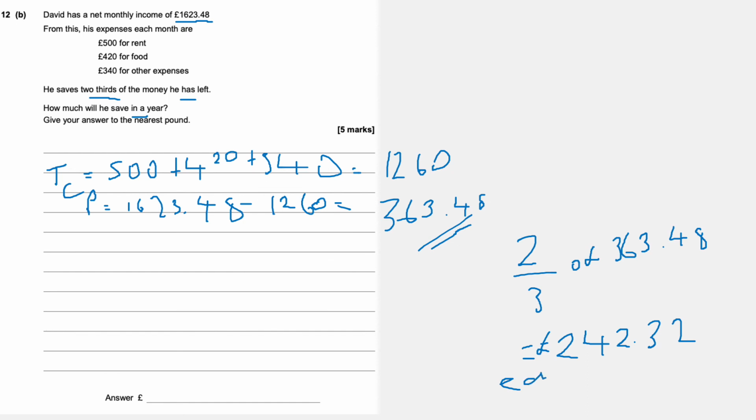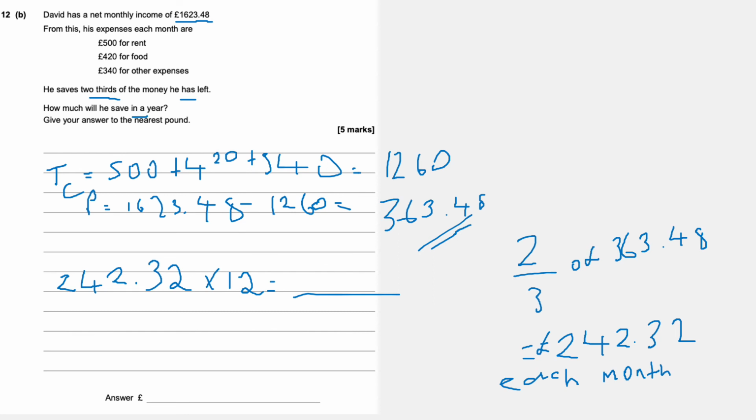The question is asking us how much does he save in a year? Well, I've got to multiply this by 12. And then it says give your answer to the nearest pound, because I'm assuming that this calculation is going to give us potentially 3 or more decimal places. Or maybe not. I'm not sure. So times it by 12.